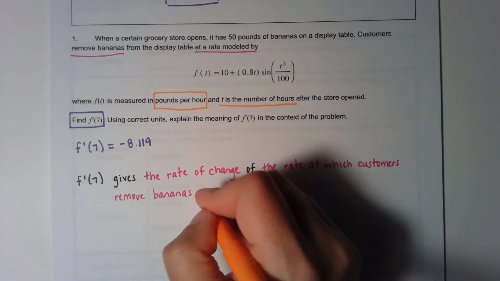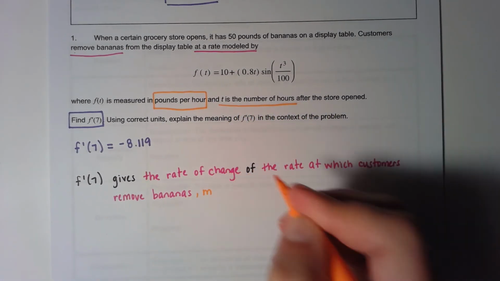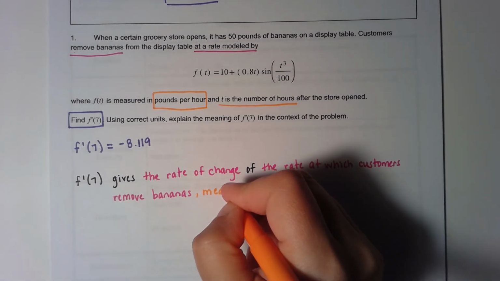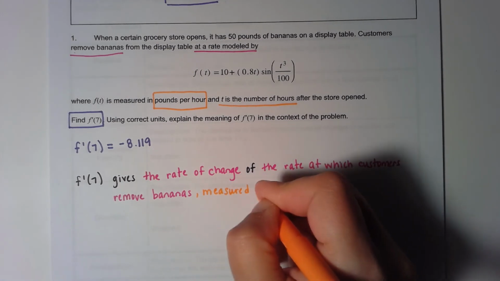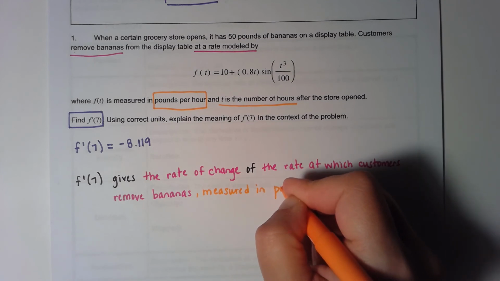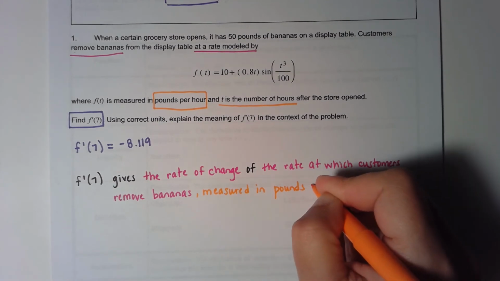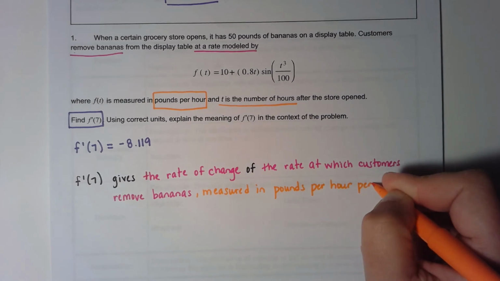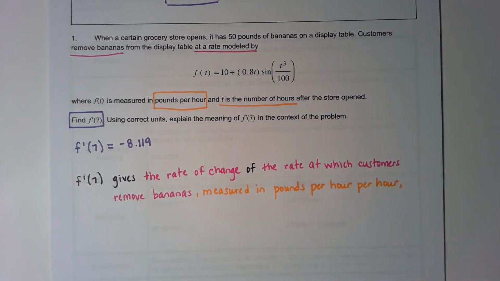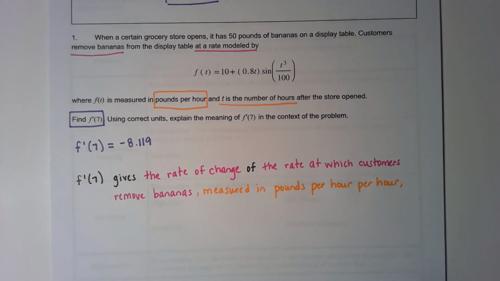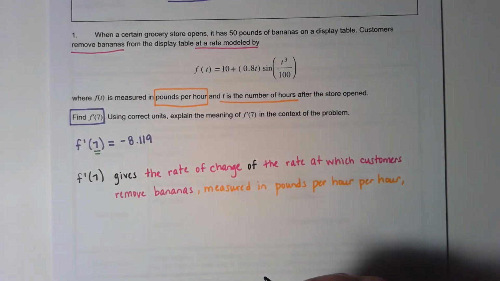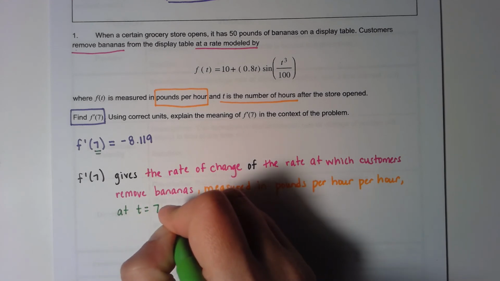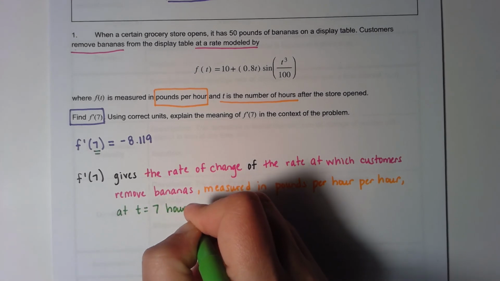So when we divide those things, we're going to say it's pounds per hour, so measured in pounds per hour. And then we need a time. Now the time here is going to be 7. So we're going to say at T equals 7 hours.